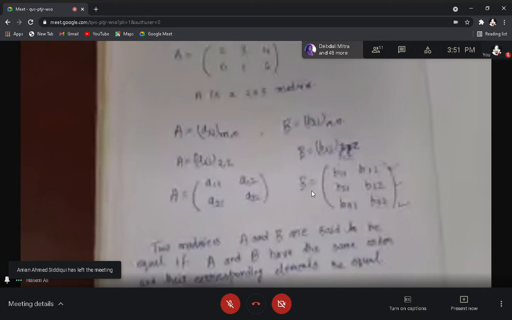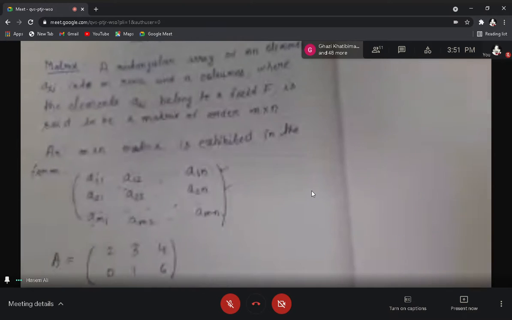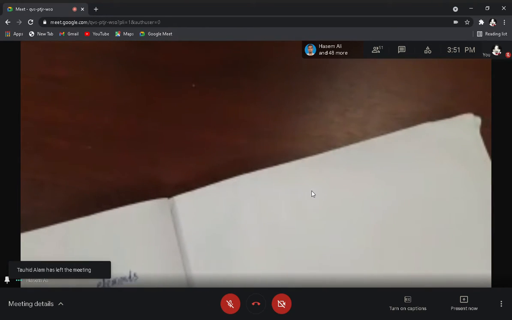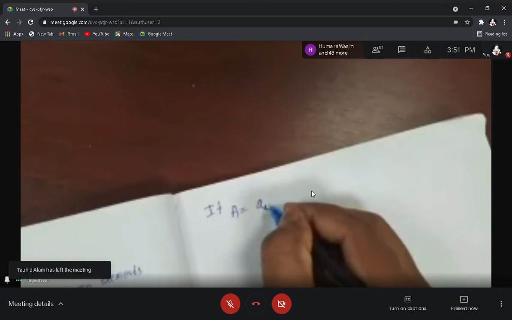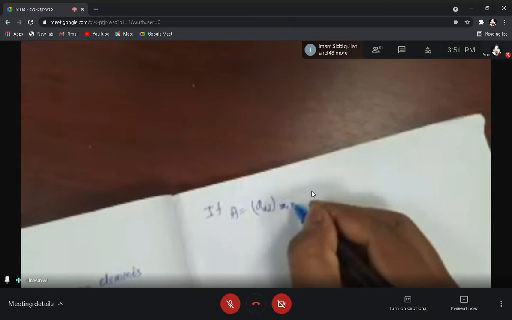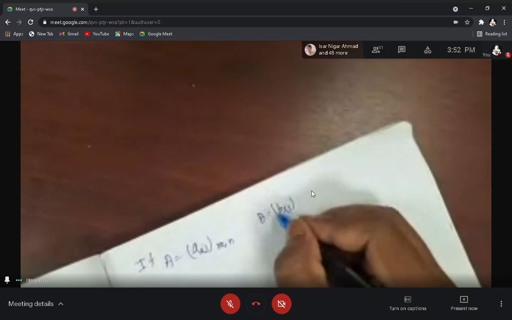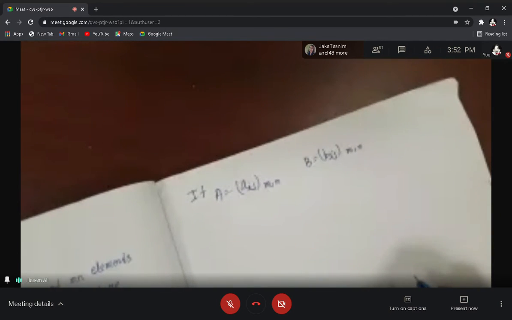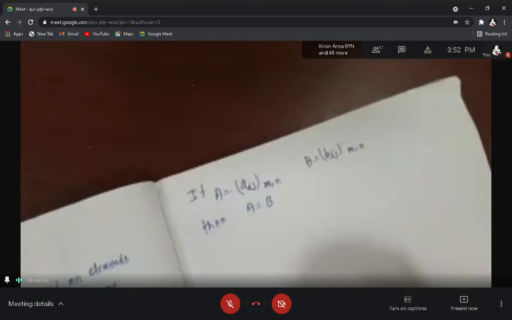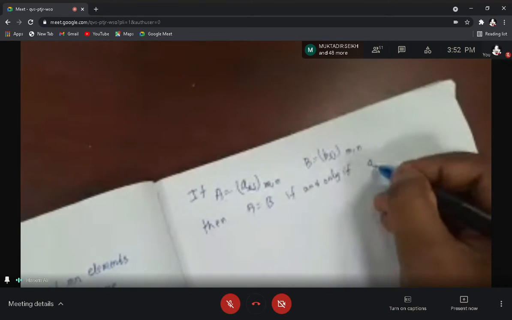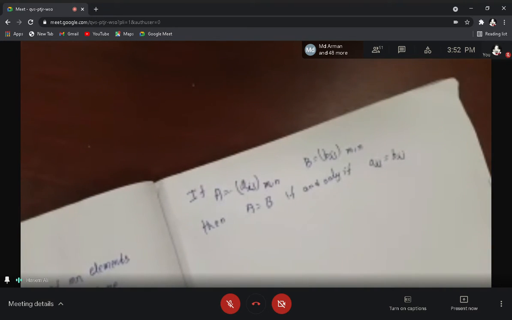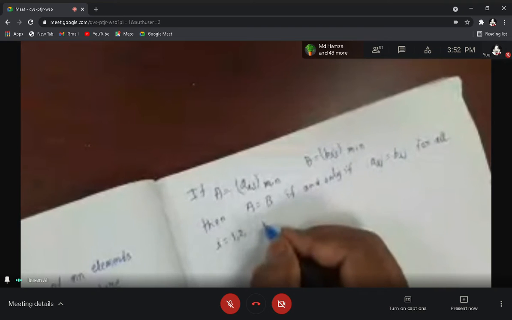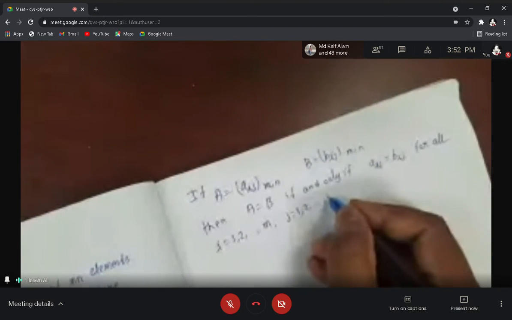That means if A equals Aij of order m by n and B equals Bij of order m by n, then A and B are equal, A equals B, if and only if Aij equals Bij for all i equals 1, 2 up to m and j equals 1, 2 up to n.